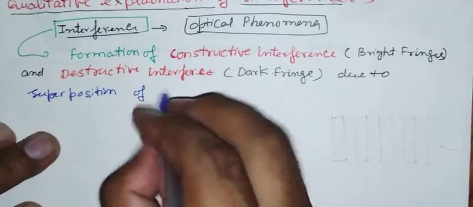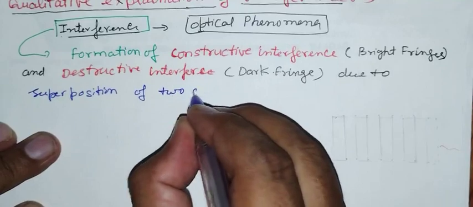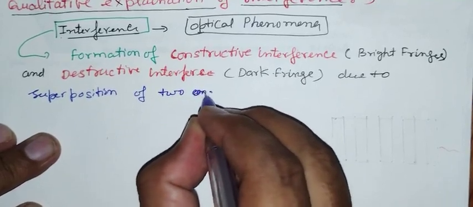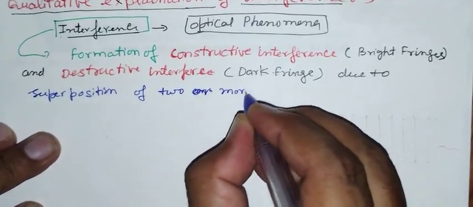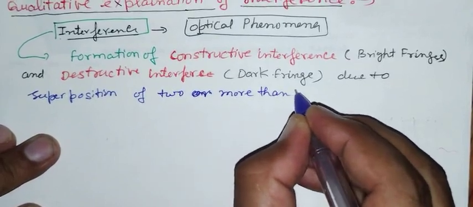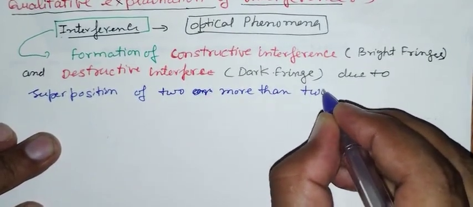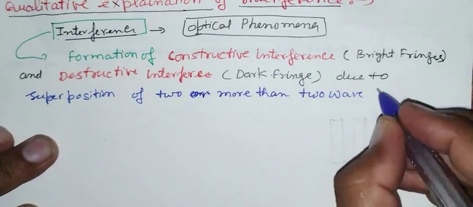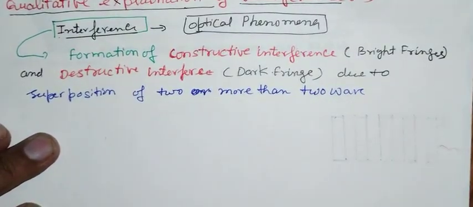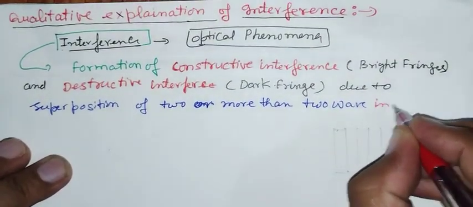Superposition of two or more than two waves in a medium.